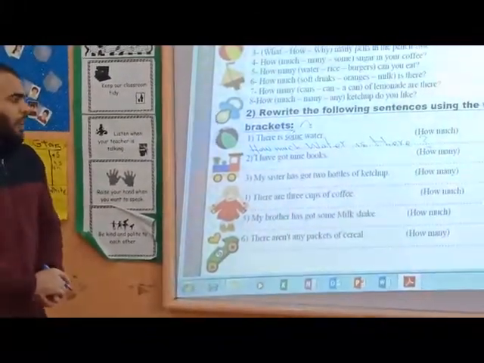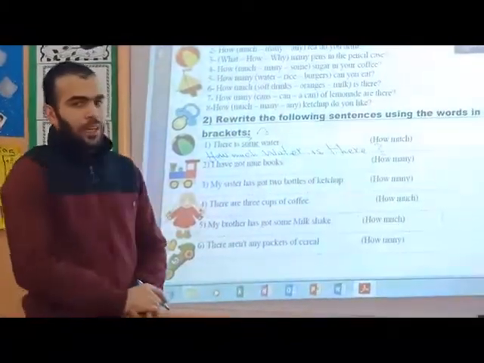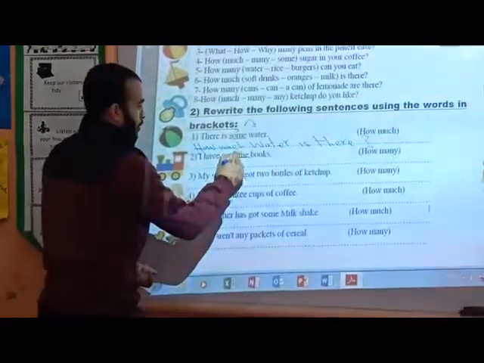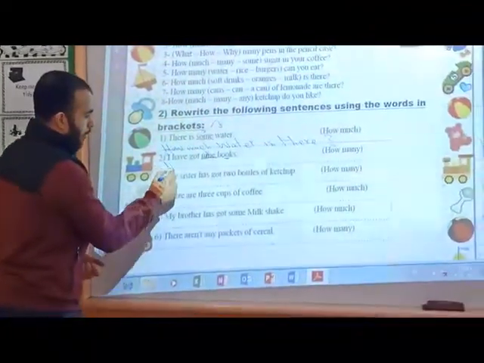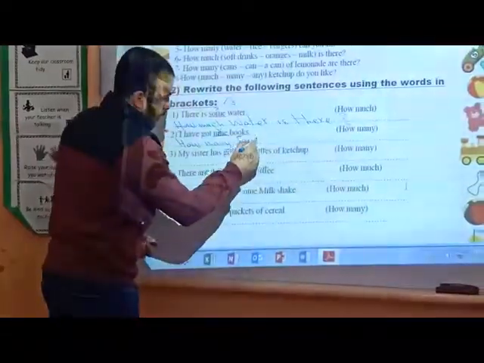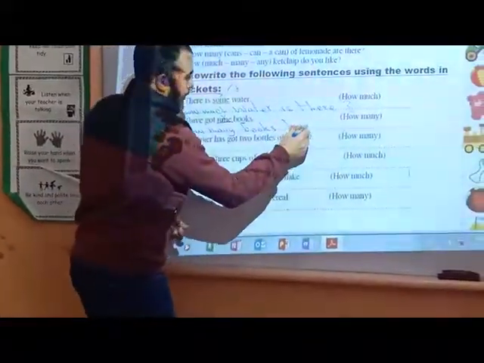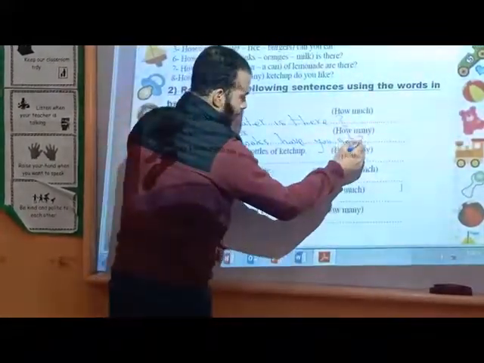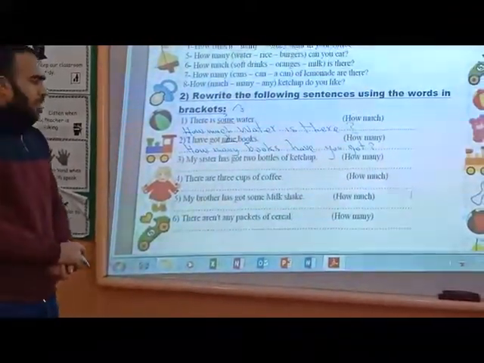Number 2, I have got 9 books. Use how many. So, how many asks about the numbers of something. The number here is 9. The plural countable noun, books. Use how many. How many books have you got? Number 3. My sister has got 2 bottles of ketchup.